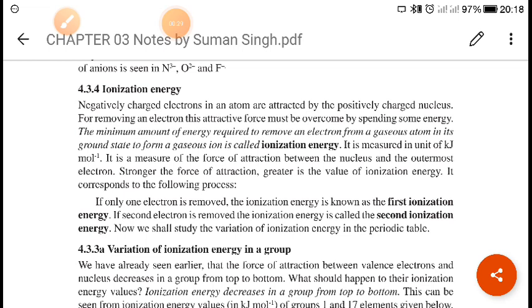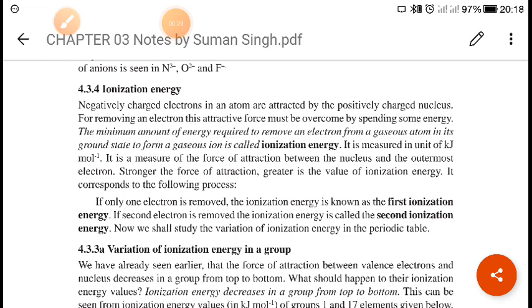So if you want to remove an electron from an atom, we have to supply energy to overcome the force of attraction exerted by the nucleus on the electron. This energy is called ionization enthalpy or ionization energy.